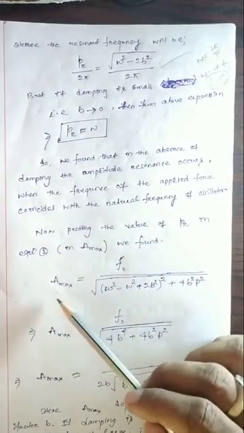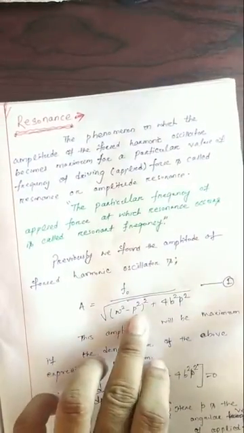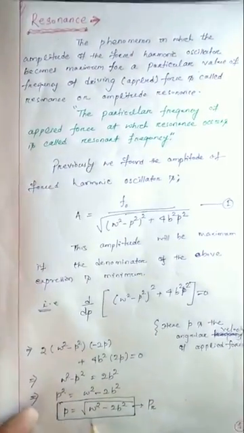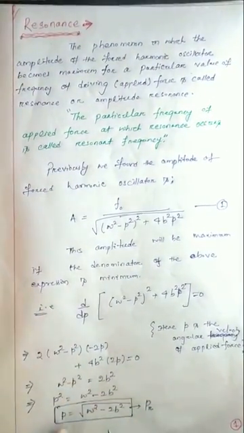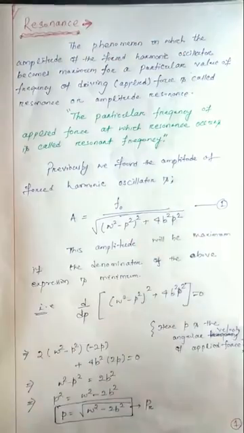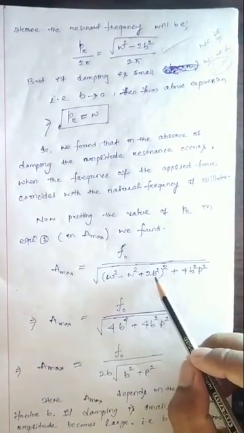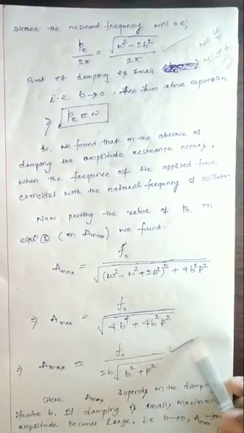So if I put pr equal to omega in this equation, what will the maximum amplitude be? This will be the resonant amplitude. Now if I put p here, then the maximum amplitude, A max, will be like this, with omega square plus 2b square under the root.